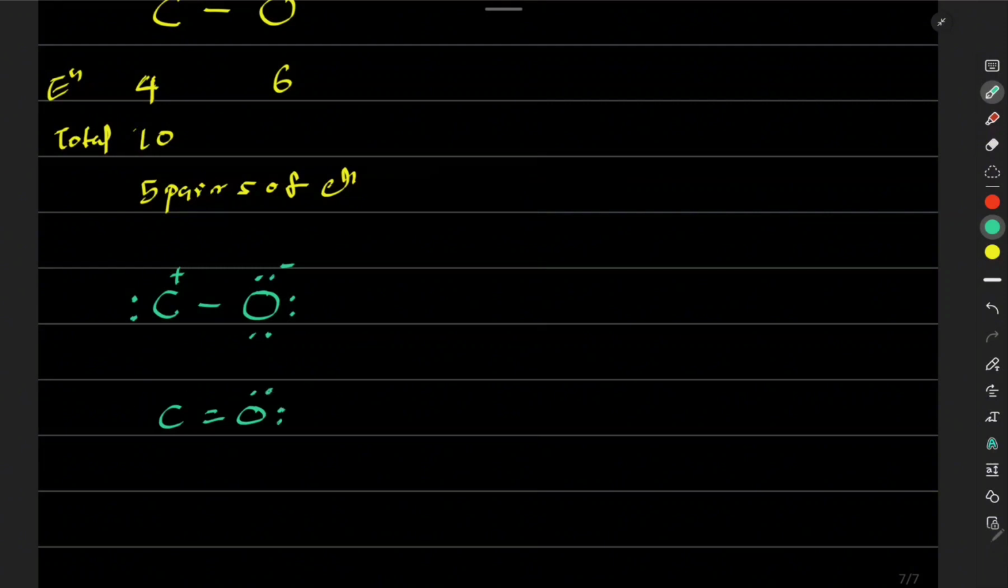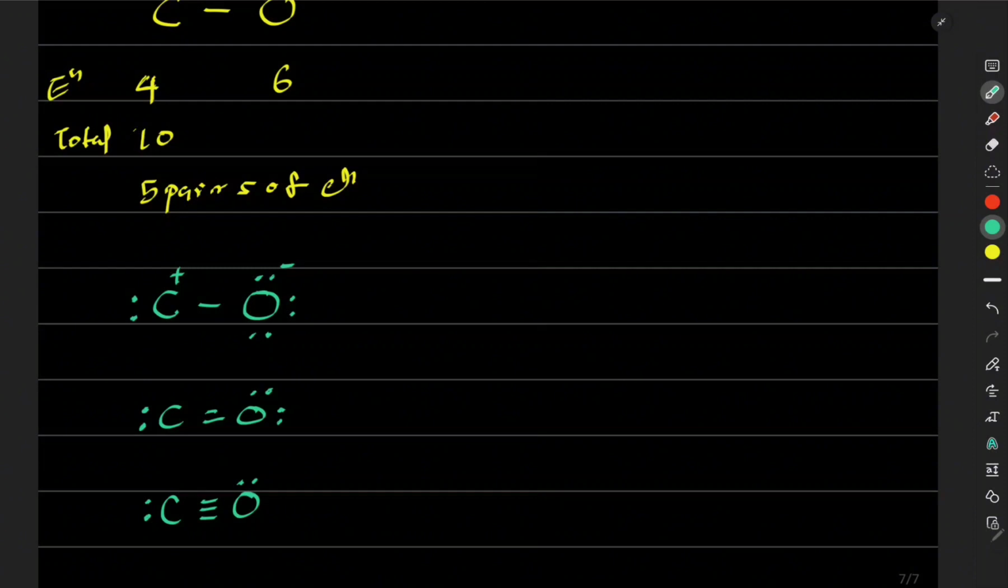Okay. Now both the carbon and oxygen do not have any charge, and oxygen satisfies the octet rule, but the carbon does not satisfy the octet rule. Therefore, another pair of electrons will participate in the bond. This last bond is a dative bond.